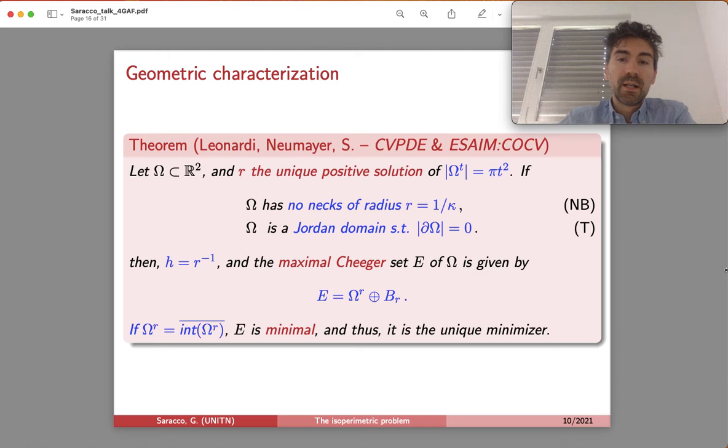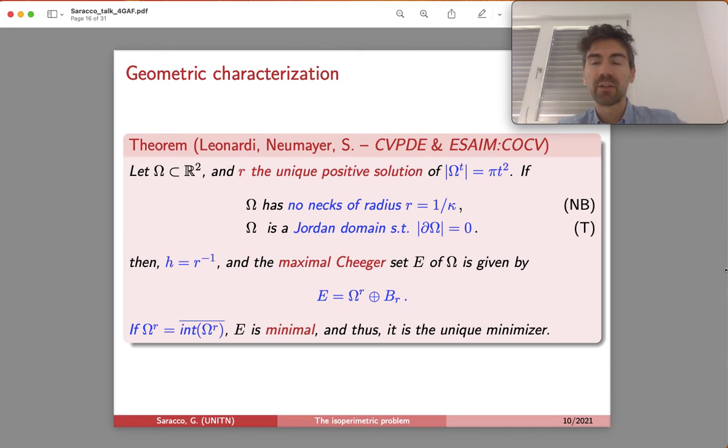This is the necessary condition we just talked about, and then we require on top of this a topological assumption, that omega is a Jordan domain, that is, its boundary is a Jordan curve, and this curve has zero area. I mean, it is not a space filling curve, so it's not like a Peano-like curve.